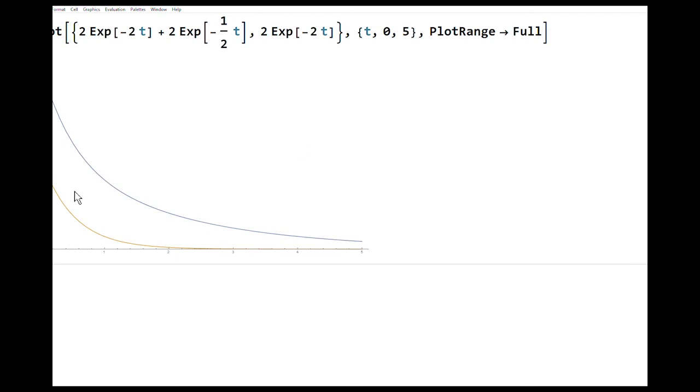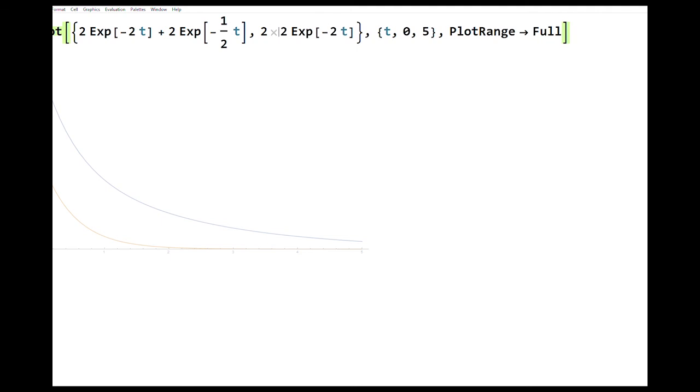This is like a first order response, and then let's scale the fast exponential so that it has the same magnitude. That's the best way to compare two responses, you have to compare them at the same magnitude. So let's multiply this by 2 to start at 4. Okay, and now you can see it.